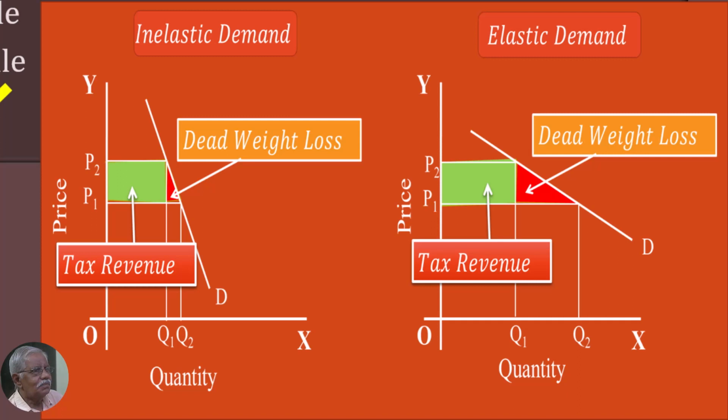In case of elastic demand, dead weight loss is more. That means the tax rate must be inversely proportional to elasticity of demand. That alone will ensure maximum social efficiency.